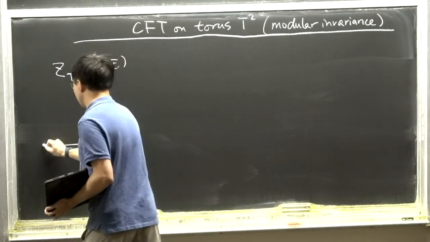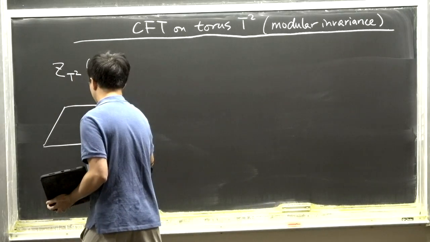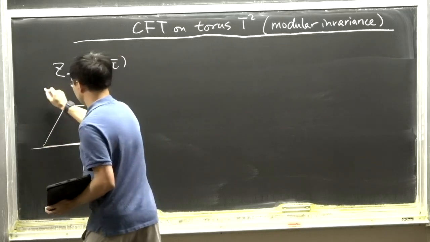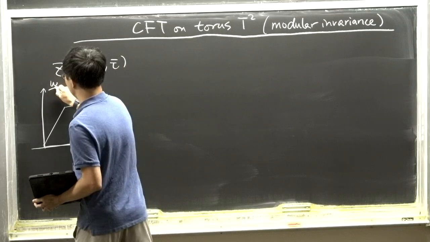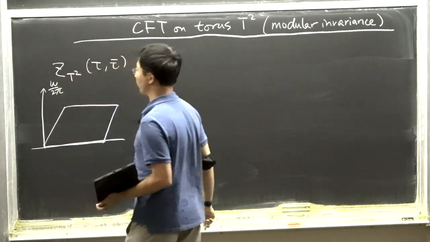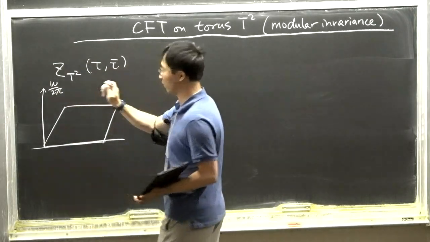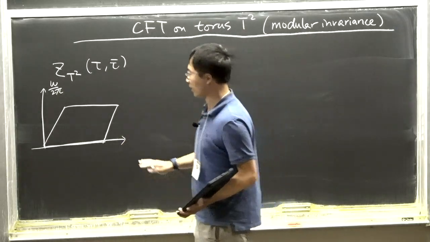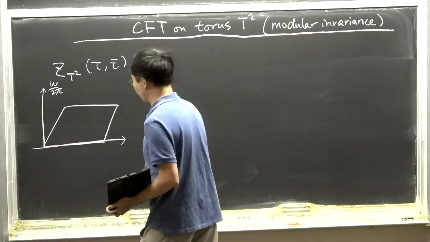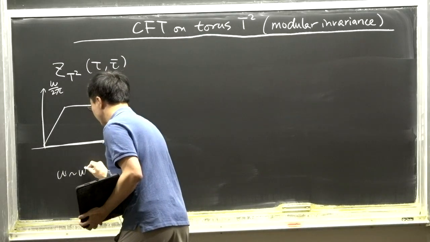This manifold you can represent as a fundamental domain in some lattice on the complex plane, and I'll use the coordinate w, and for convenience, I'll scale by a factor of 2 pi. So w parameterizes this complex plane. And I can think about the torus as this fundamental domain on the lattice defined by this identification.